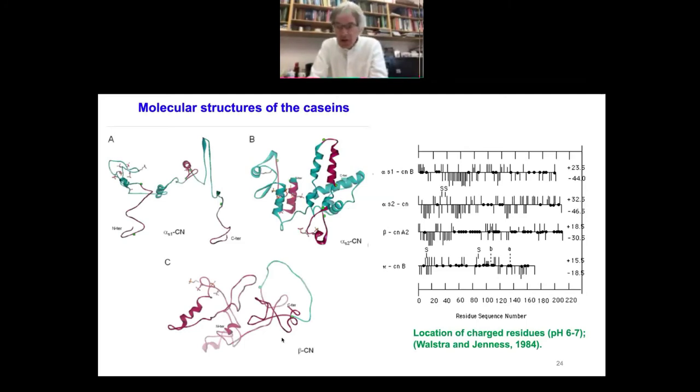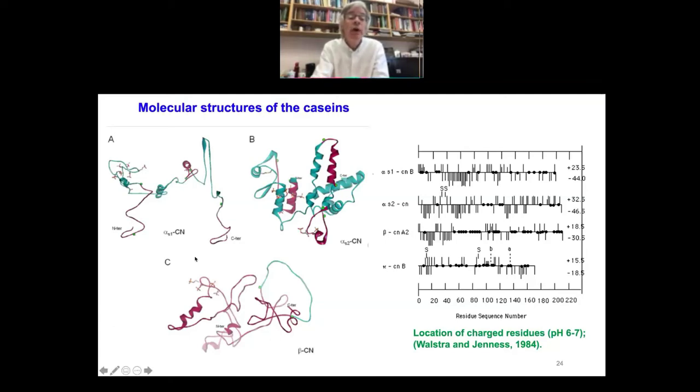The caseins, I'll come to them later when we start talking about dairy emulsions. They are notoriously very good emulsifying agents. And the caseins pack into a casein micelle at the individual molecule level. They're known as sort of naturally unfolded protein molecules, or molecules that don't have a whole lot of tertiary structure and not even a lot of secondary structure in some cases.